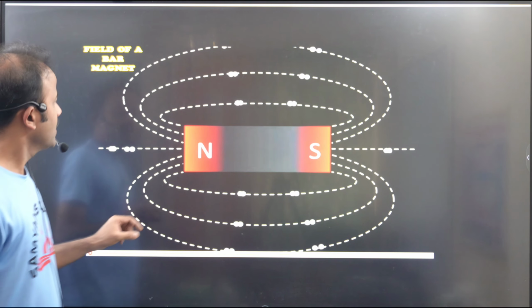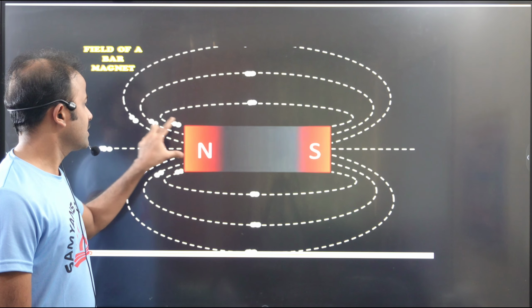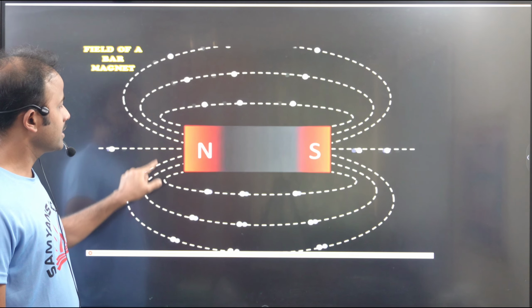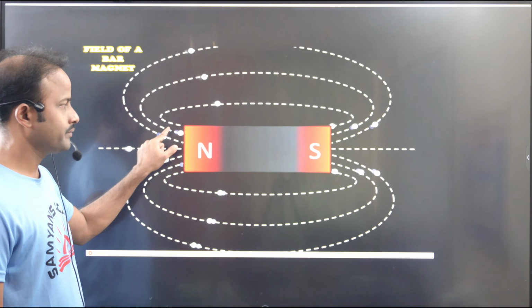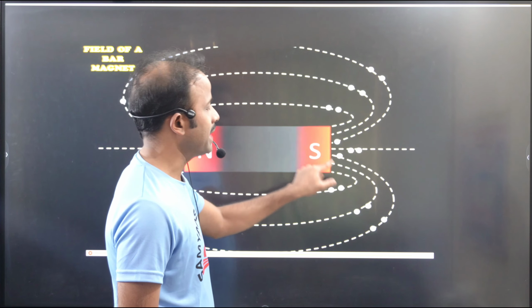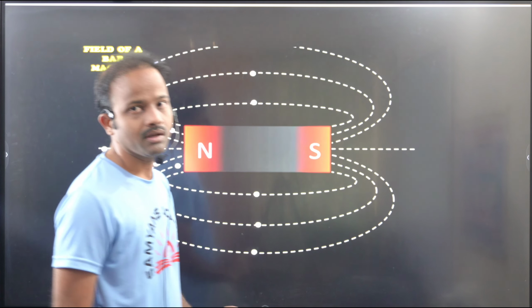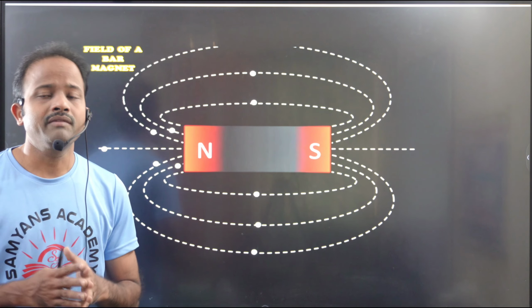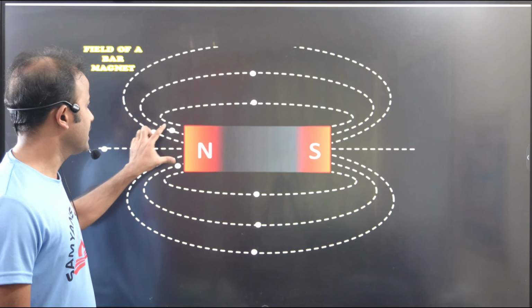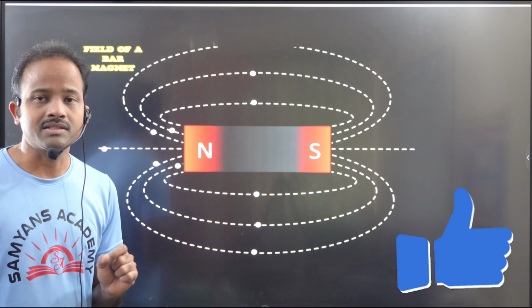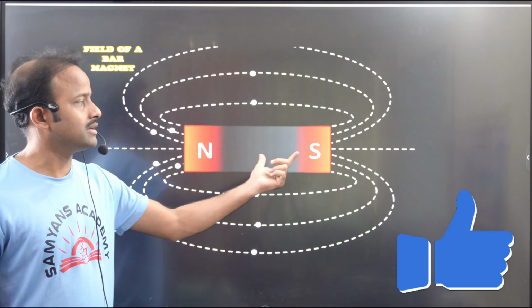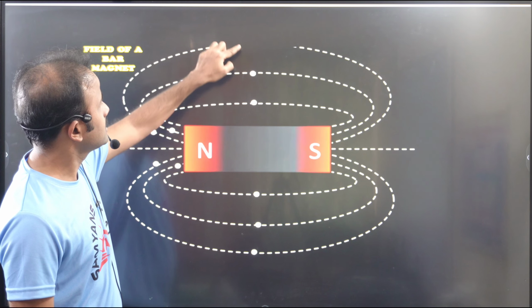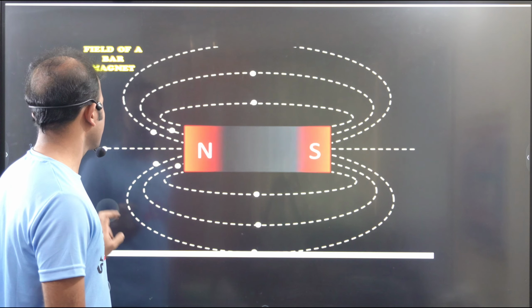And now you observe where the magnetic field lines are very close to each other, at the poles. In this region the magnetic field lines are very close to each other, right? Here also they are very close to each other. That indicates that where the magnetic field lines are very close, we experience more magnetic field strength, which means at the poles the strength of the magnetic field is more. Now in this region the magnetic field lines are very far from each other, right?